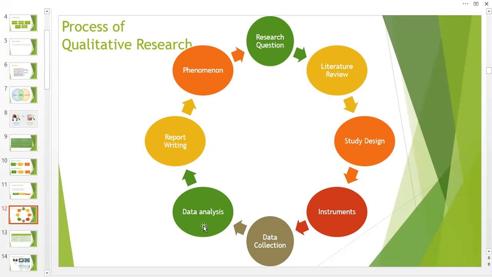The analysis of qualitative research is different: in qualitative research, we analyze the data as the sample is collected, and in quantitative research, the analysis is done at the end of all the data collection. In qualitative research, there are repeated cycles of data analysis. And then the final step is the report writing.